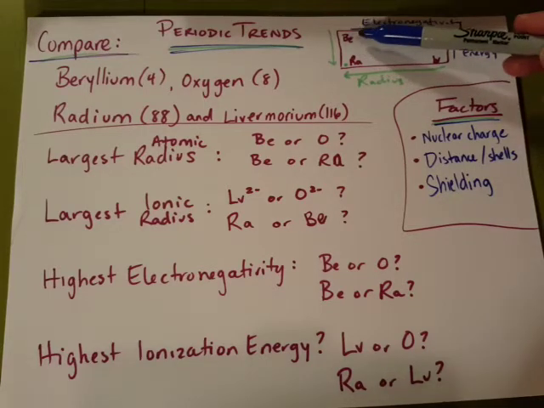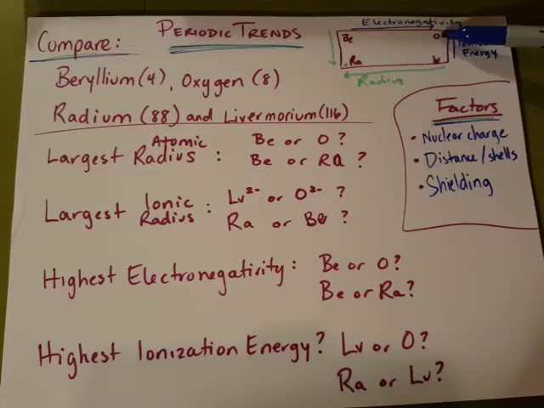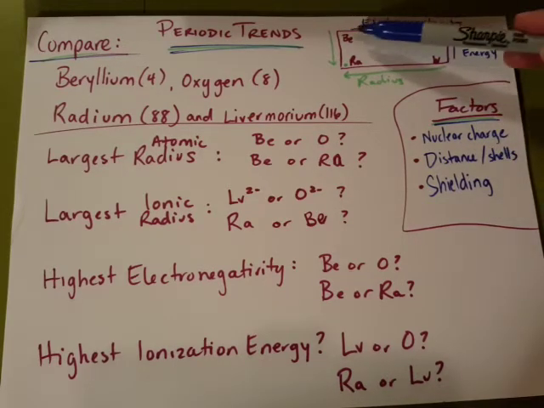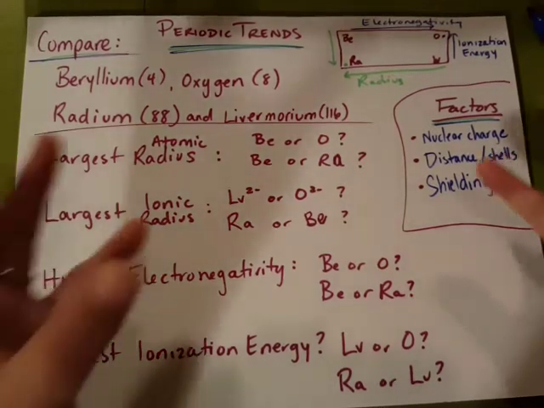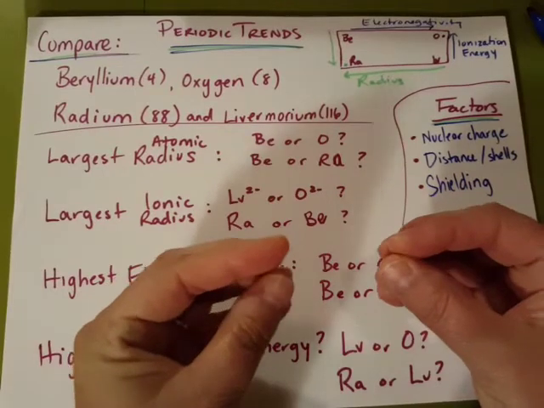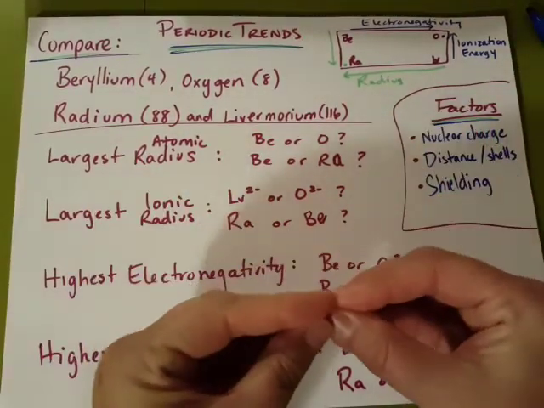as we go across the period, we're not increasing distance. We're not increasing any kind of shielding. The distance is the same across the period. All that's happening is the nuclear charge is increasing because we're adding more protons as we go across, which will help to squeeze those electrons closer.